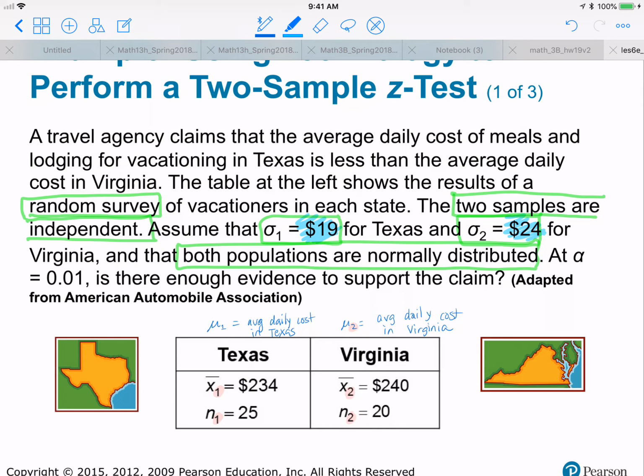Sigma 2 is 24. X1 bar is 234. N1 is 25. X2 bar is 240. N2 is 20.